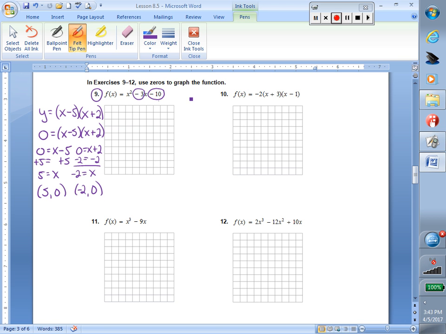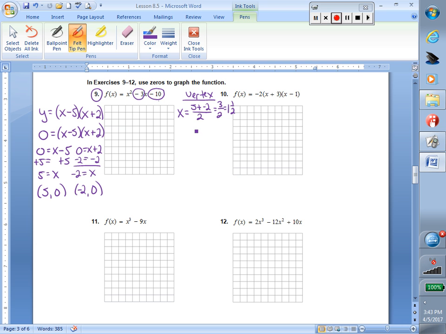So what I can do to find the vertex is add together the 2 X-intercepts and divide by 2. And we do end up with 1.5. That's the x value of my vertex. It's also my axis of symmetry.